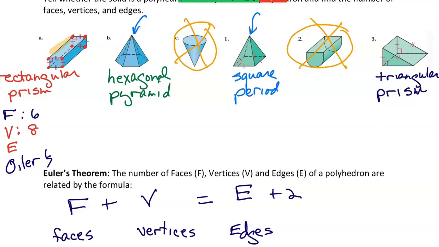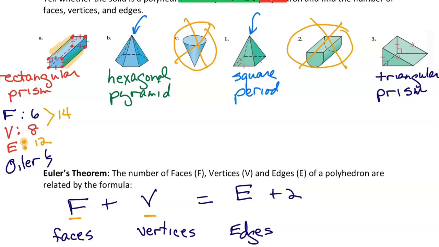Here is an edge right here. Here's one right here. So we can count the edges, or we can say, if I know the faces and the vertices, so this is 14, that equals edges plus 2. Therefore, the edges must be 12 by using Euler's formula.